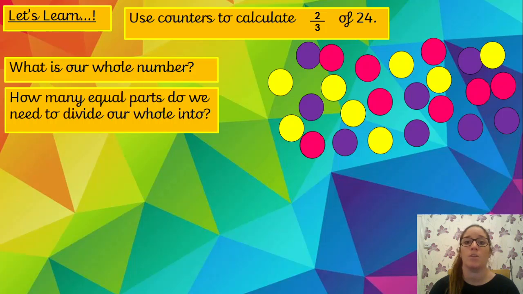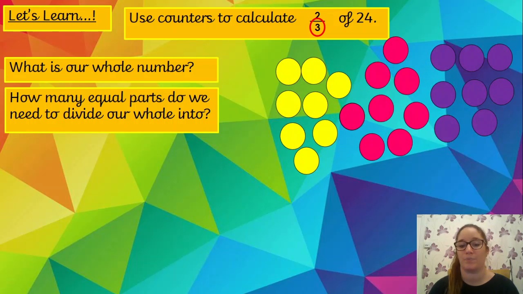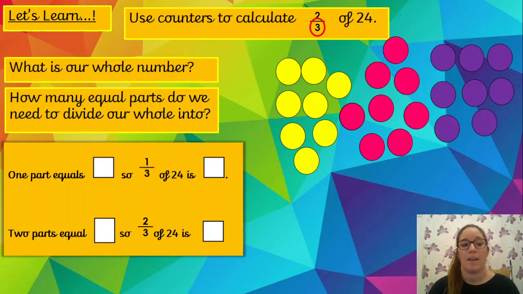This time our denominator is 3, so we need 3 groups. Luckily I've got them in colour order, so I've grouped them in colours. How many have we got in one part? How many in one part of these 3 groups? So let's have a look at the yellow ones, or your first group.